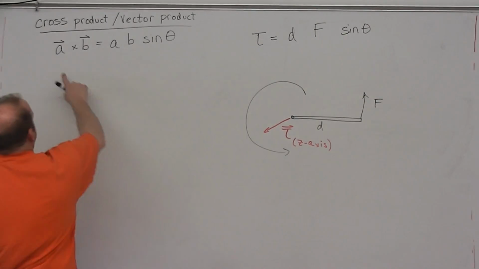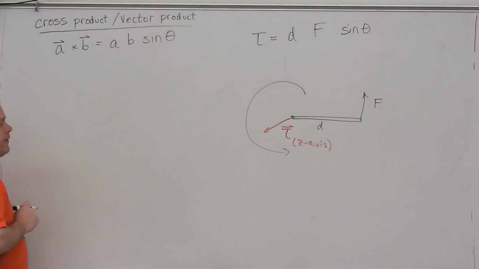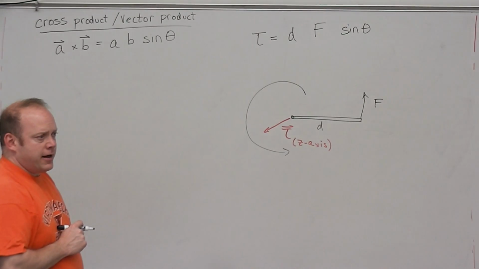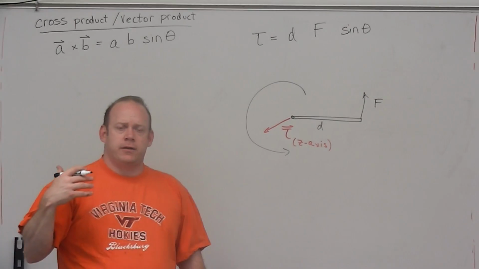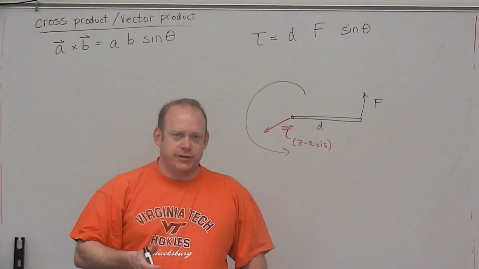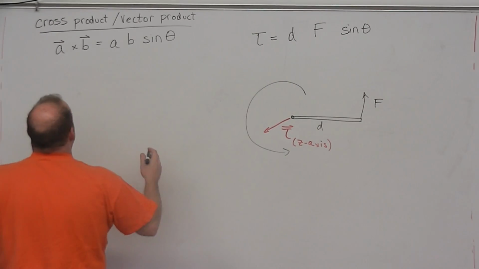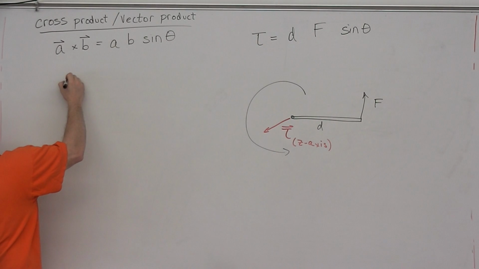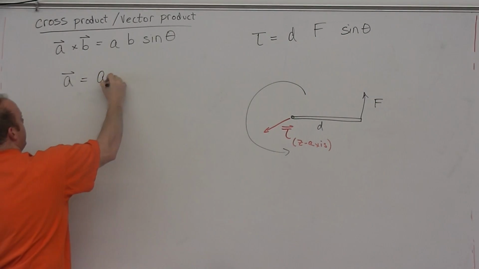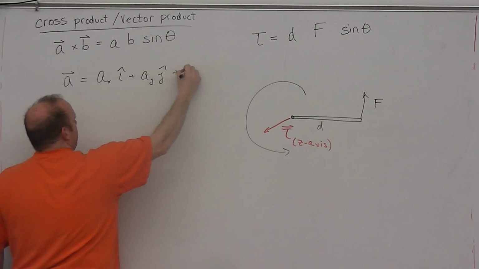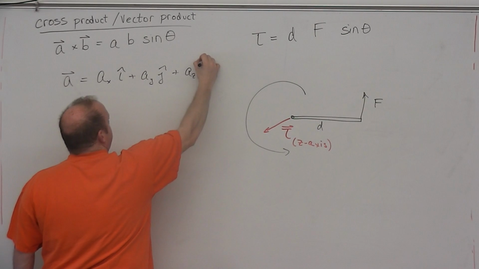So now, in magnitude angle formation, that's pretty easy. When we start doing IJK notation and unit vector notation, it's not so easy. But we do get situations like that. So let's just say I have vector A equal to AX i hat plus AY j hat plus AZ k hat.